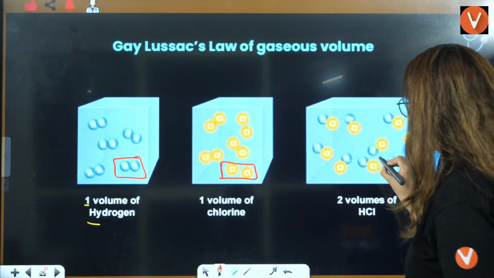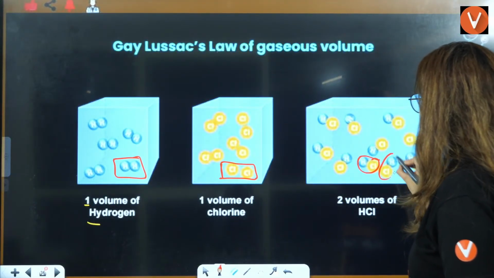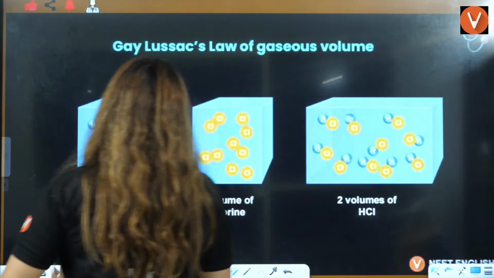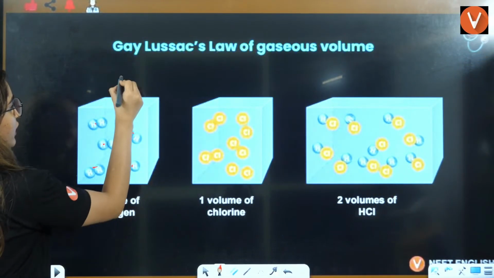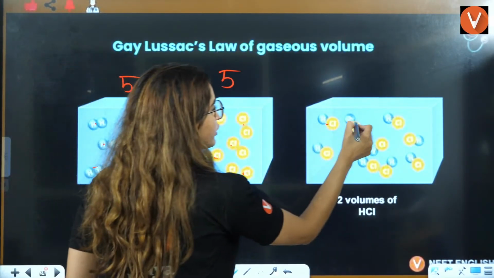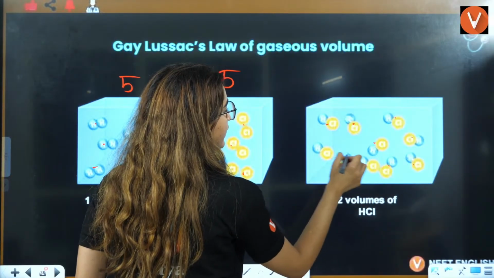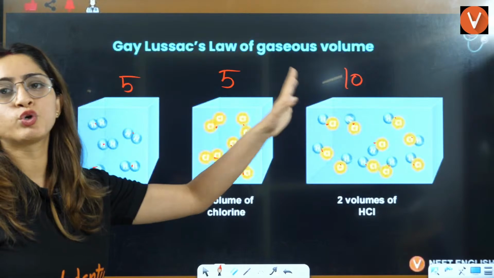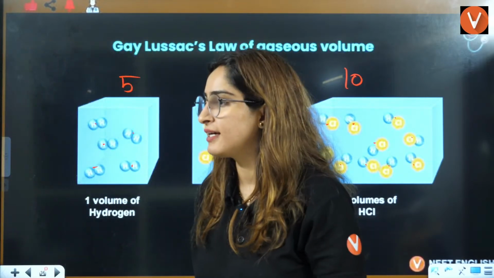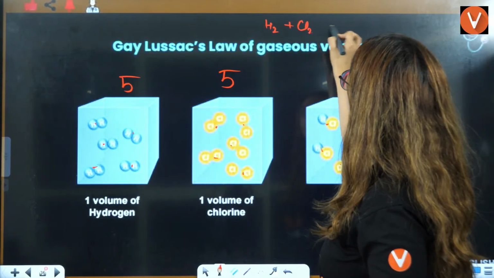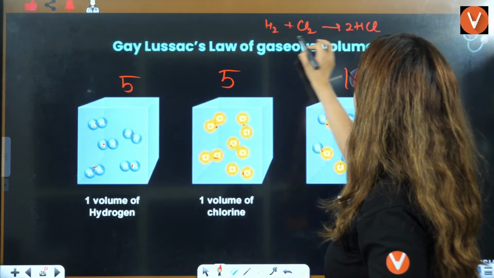So what you will see here is in total you have 1, 2, 3, 4, 5, and here 1, 2, 3, 4, 5, and here 1, 2, 3, 4, 5, 6, 7, 8, 9, 10. Because 1 and 1 give you 2 volumes of HCl. That's why we write it as H2 plus Cl2 gives 2 HCl.